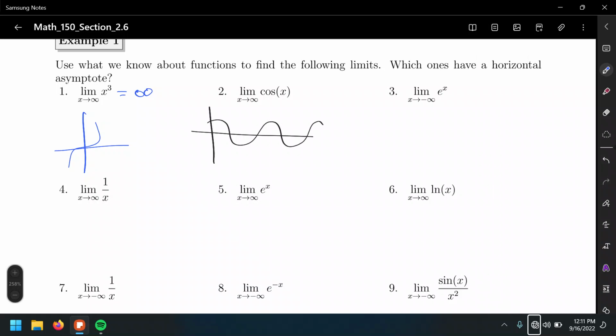Well, we would say it's DNE, because this function just bounces back and forth between -1 and 1, so DNE due to oscillations between -1 and 1, which is actually the range of the cosine function, right?